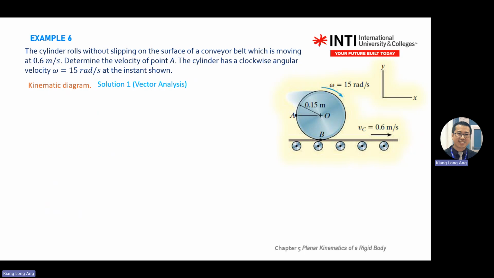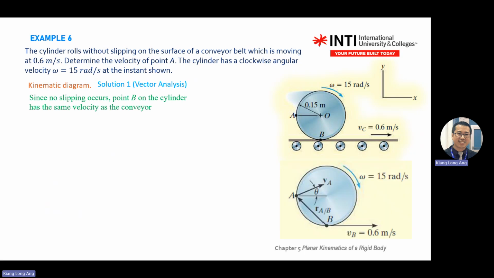Determine the velocity at A. The cylinder has clockwise angular velocity, so clockwise is going inside. So to find A, if you use vector analysis, you draw this diagram, omega, A and B. B velocity is here, following the conveyor speed.